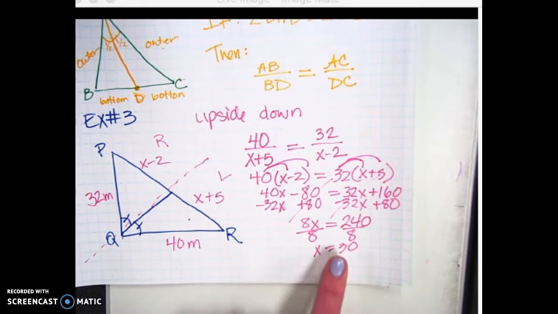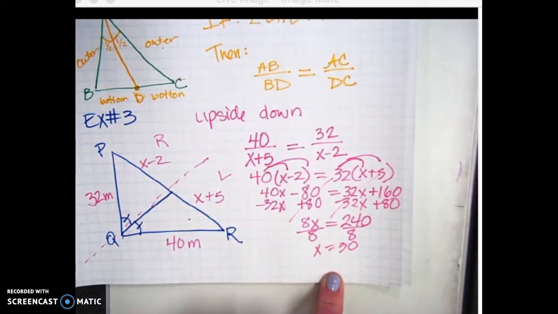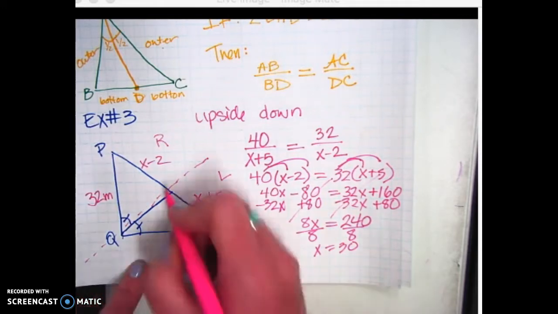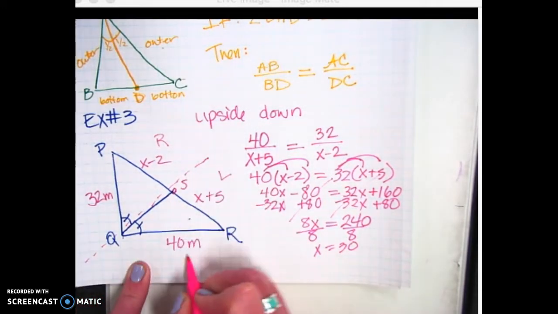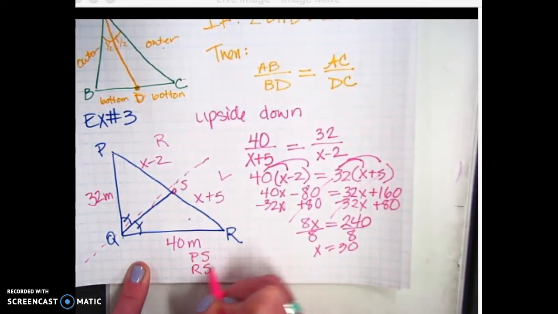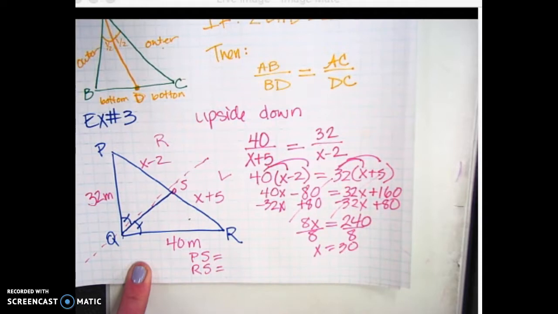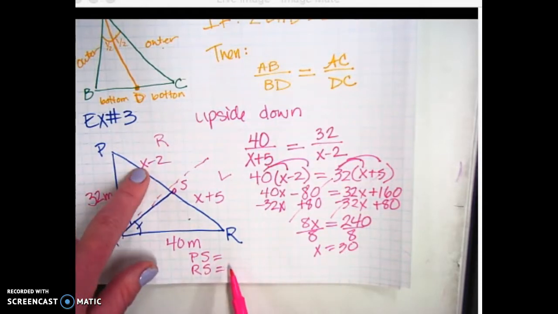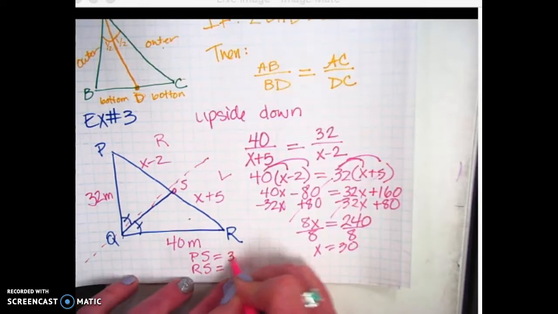Okay. If the problem just asks you to solve for x, you're done. Every once in a while it'll say, okay, if we put an S right here, what is PS? Or what is RS? Yeah, just plug it back in. Okay. So for PS, you're going to have 30 minus 2, which is 28.